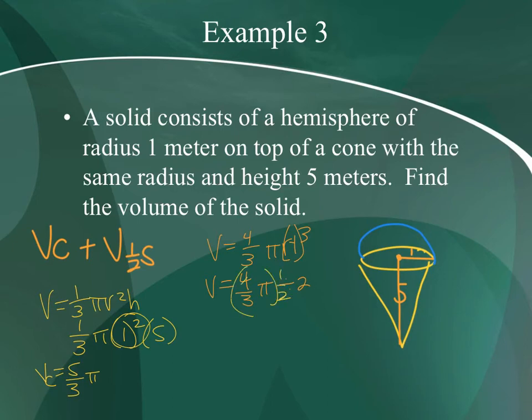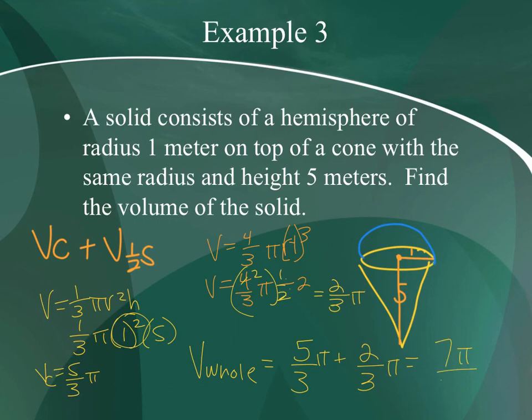And 2 goes into 4 twice, so this ends up being 2/3 pi. And then the volume of the whole thing, I'm going to take the volume of the cone, 5/3 pi, and add to it the volume of the hemisphere, which is 2/3 pi. And I get 7 pi over 3.